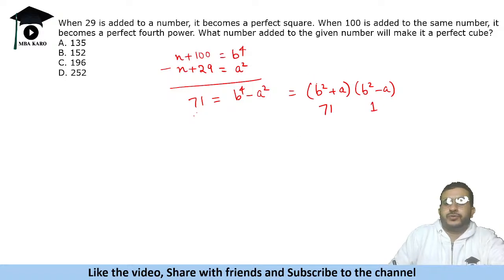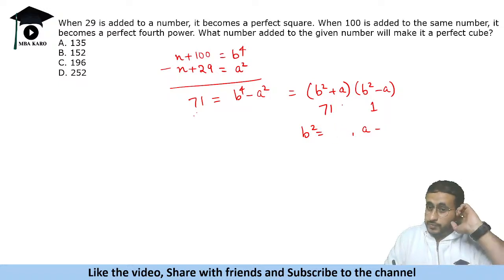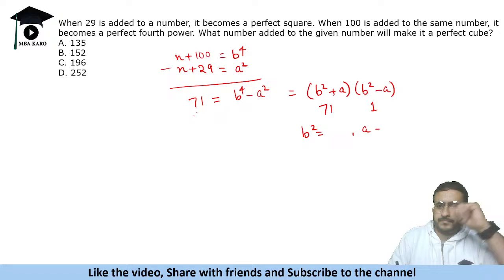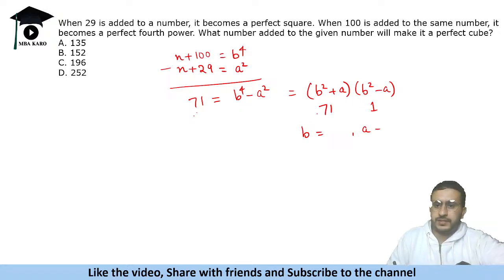So we get b square is equal to 36 and a is equal to 1. No, 72, I'm messing up. b square plus a, two b square is, this is 71, this is 1. Two b square, b is 6.